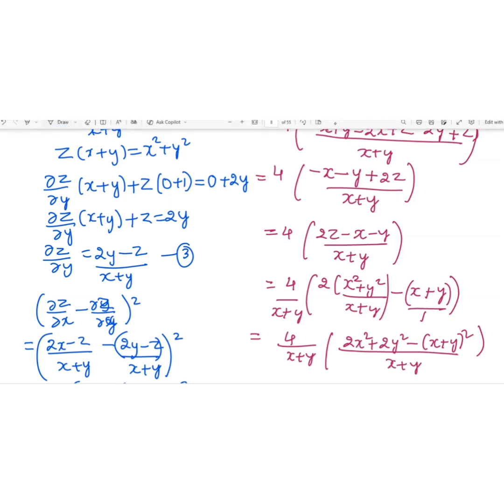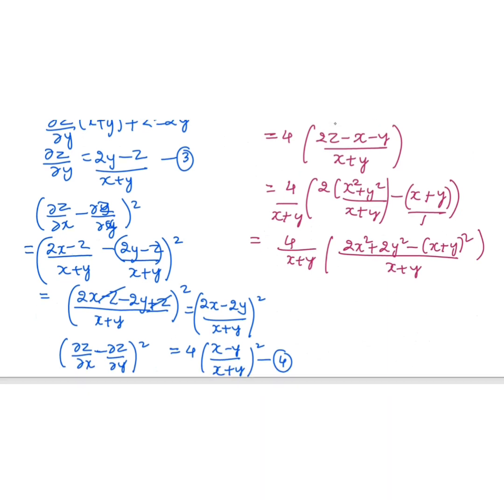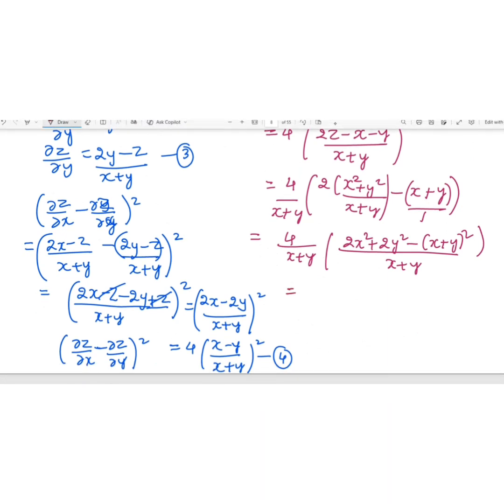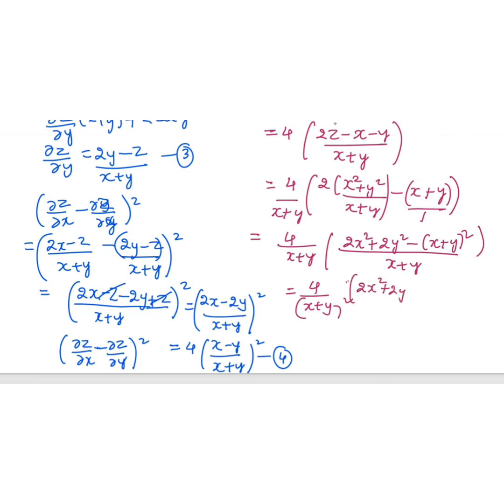So now we'll take x plus y as common denominator, certainly x plus y whole square, then into 2x square plus 2y square, minus x square, minus y square, minus 2xy. We are just using the identity formula: 4 into x plus y whole square, into 2 minus 1 is x square plus y square, minus 2xy.